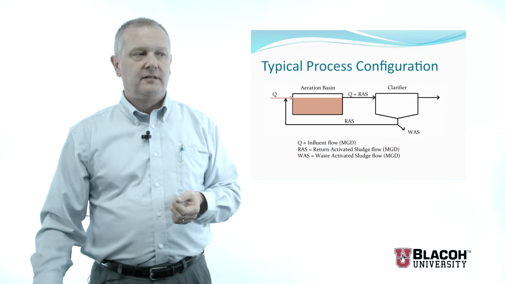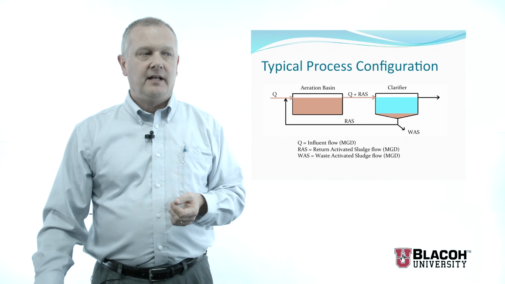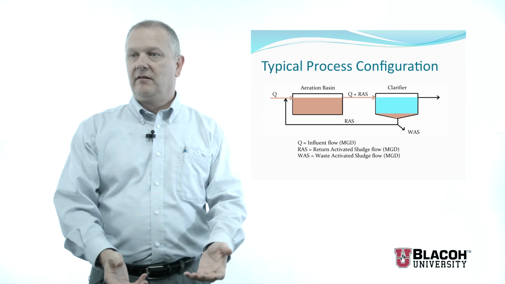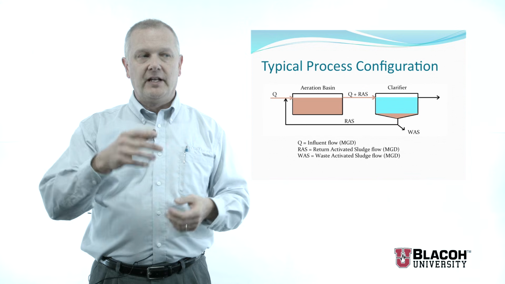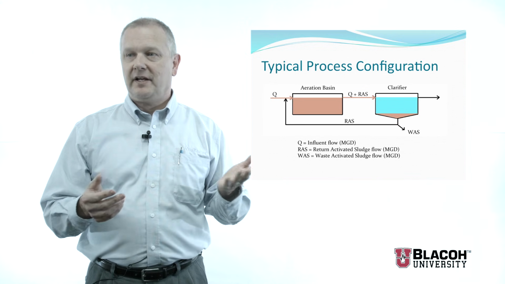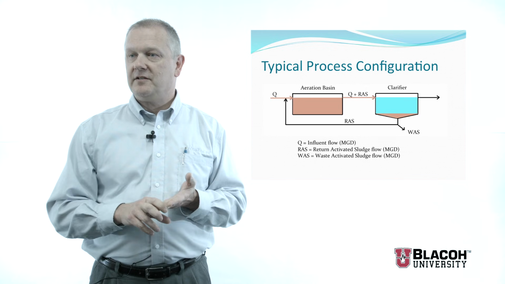From that point, the liquid goes into the settling basin or clarifier, and the microorganisms actually settle to the floor of the clarifier. And the liquid that comes out the top is, like I said, typically single digit in BOD and suspended solids.